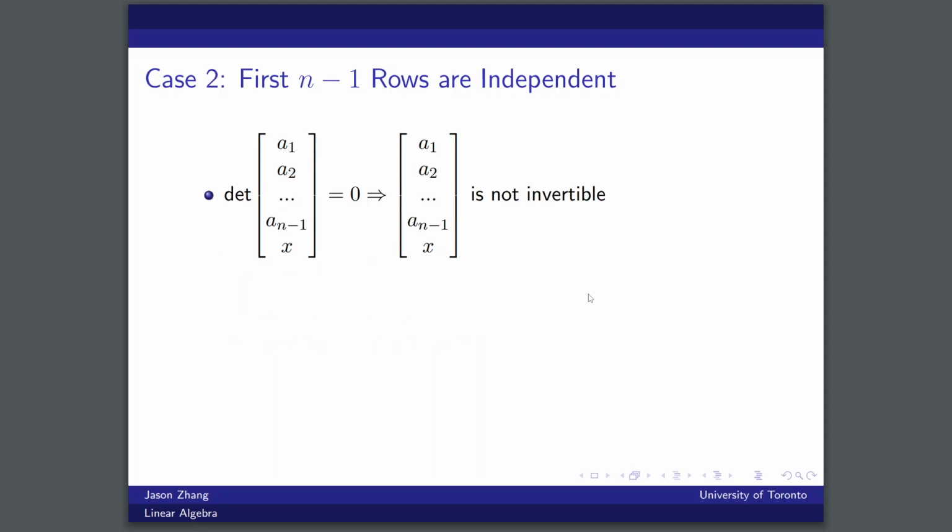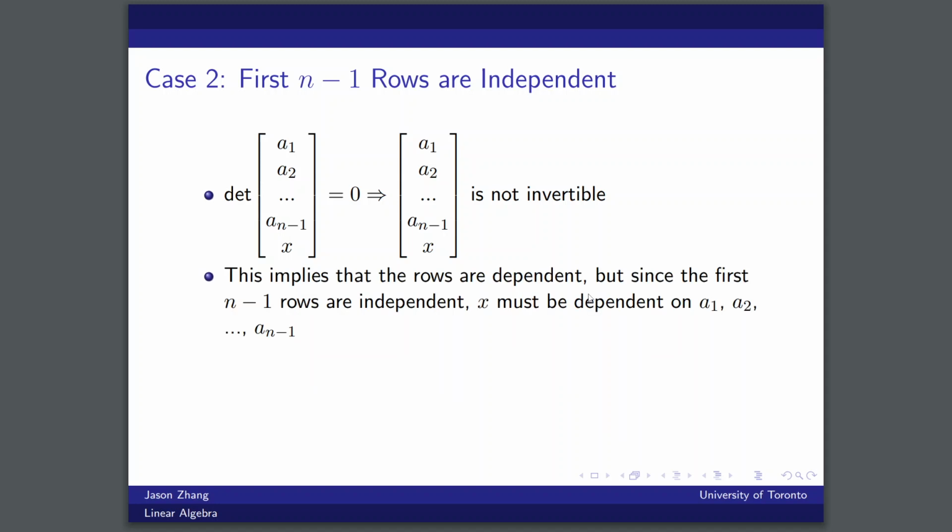In case 2, the first n-1 rows are independent. So if we want to satisfy this condition where the determinant is equal to 0, we know we have to have a case where the matrix is not invertible, which implies that the rows are dependent. But since we know that the first n-1 rows are independent, x must depend on these first n-1 rows.